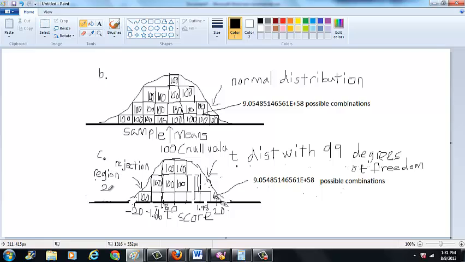It's not 5% anymore because we're doing a two-tailed test. And the other 2.5% are in the other rejection region, which is at 1.98 or higher. This area up here is also a rejection region.